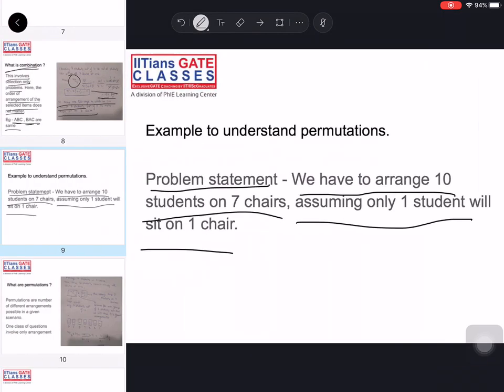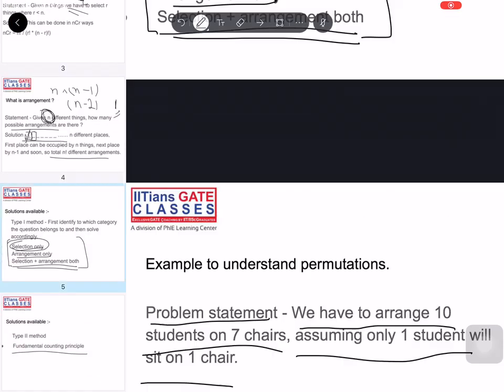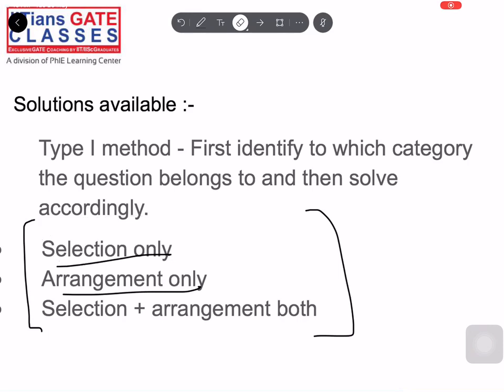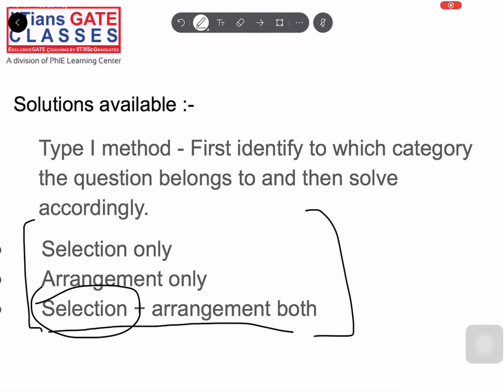First I have to make a selection: out of those 10 students, choose any 7 students, and then I have to arrange those 7 students on the chairs. So that question belongs to the selection plus arrangement category.